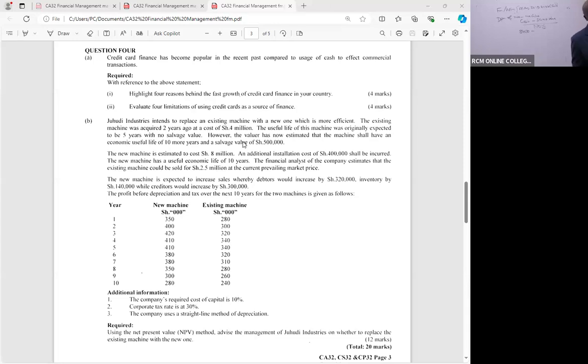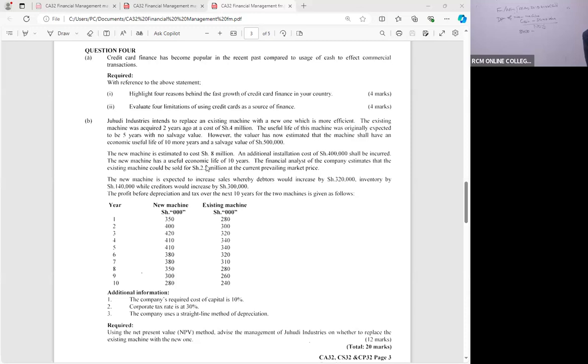Go to paragraph number 2, where they're giving us information about the new machine. The new machine is estimated to cost 8 million. An additional installation cost of 400,000 should be incurred. The new machine has a useful life of 10 years. The financial analyst estimates that the existing machine could be sold for 2,500 at the current prevailing market price.